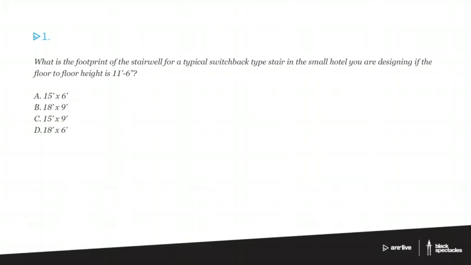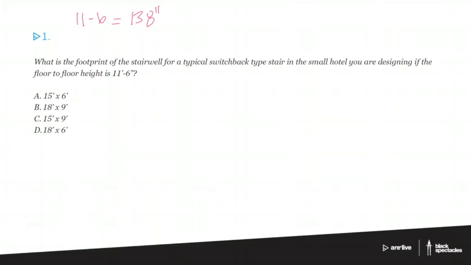So this one is floor-to-floor, so that should be pretty good. First thing I'm going to do is change 11.6 into inches. So that's 138 inches, I believe, just because it's going to make it a little easier for us to analyze. And then we're going to take a quick look at the answers. So A is 15 foot by 6 foot, B is 18 foot by 9 foot, C 15 by 9, and D 18 by 6.